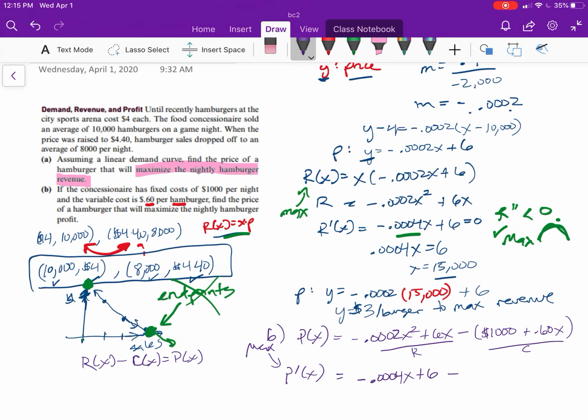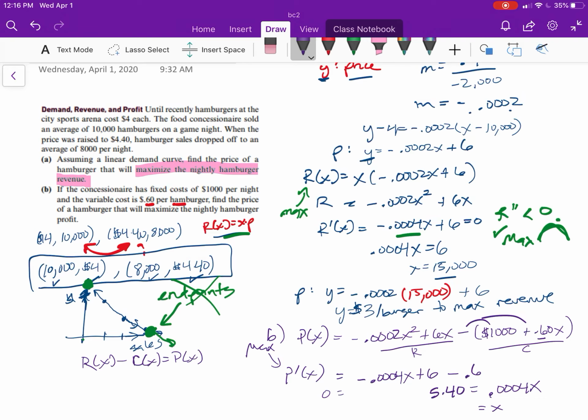Derivative of 1,000 is 0. Derivative of 0.60x is 0.60, but remember it's negative because we have to distribute. So minus 0.6. 6 minus 0.6 is 5.4, or $5.40. We're setting that equal to 0, right? So let's add, just like we did above, the 0.0004x.